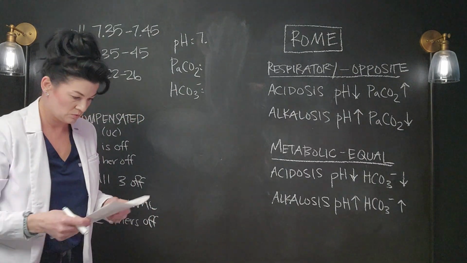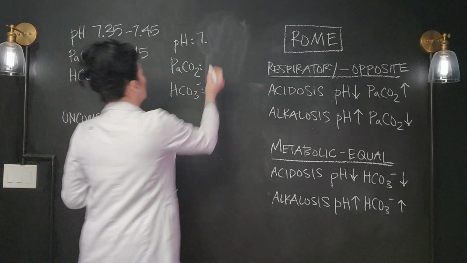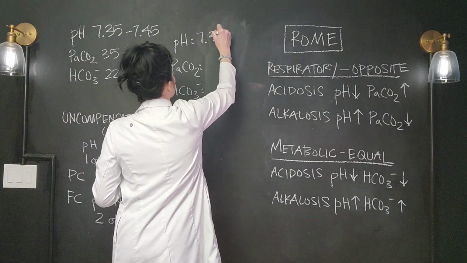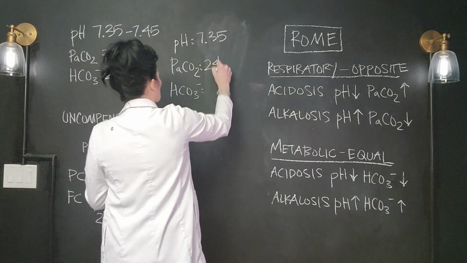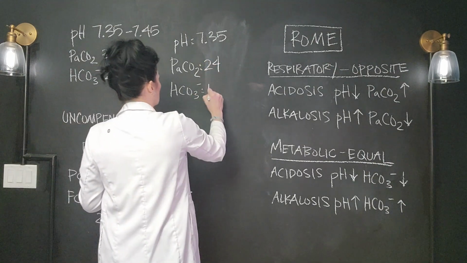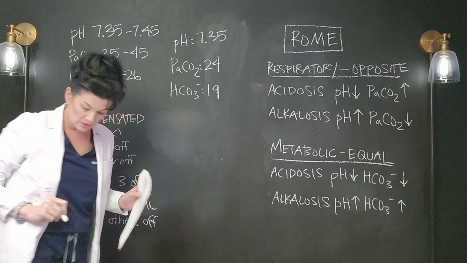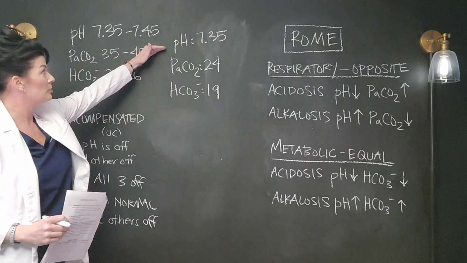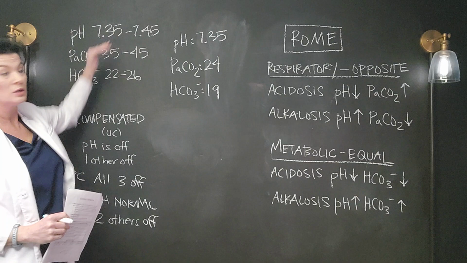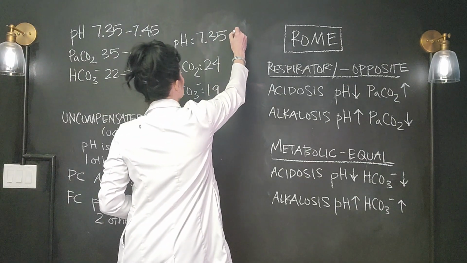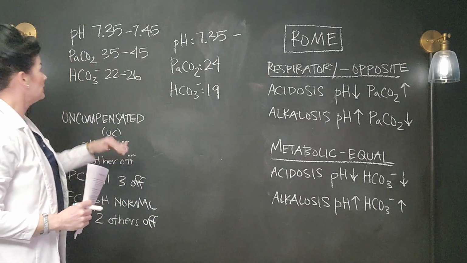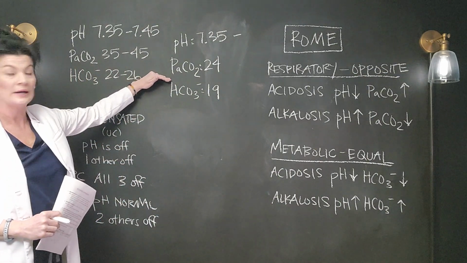All right, next one up. Now we are looking at our pH. Is pH high, low, or normal? We got a normal pH. Partial pressure CO2, high, low, or normal?